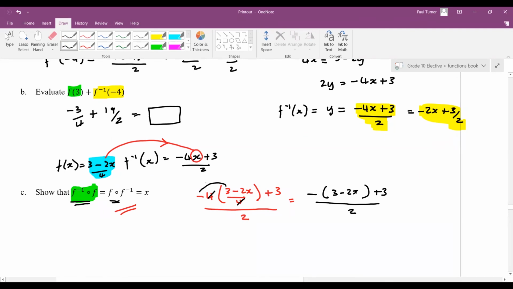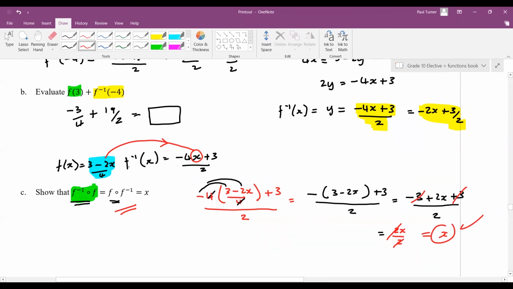Then I will multiply in my minus sign here, so you get minus 3 plus 2x plus 3 on 2. The minus 3 and 3 will cancel. You'll end up with 2x on 2. The 2 will cancel. You get x, which is what you want.